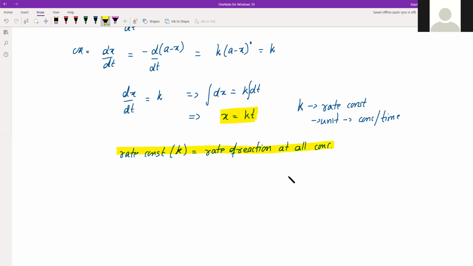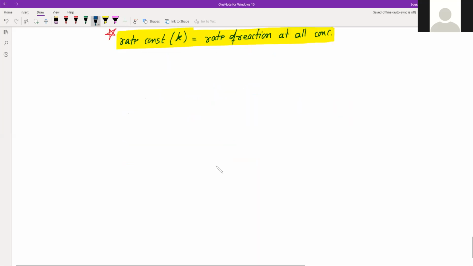And it may not change with concentration. So this is that reaction where the rate of reaction does not depend on concentration, right? Let's move to the next type, that is first order reaction.